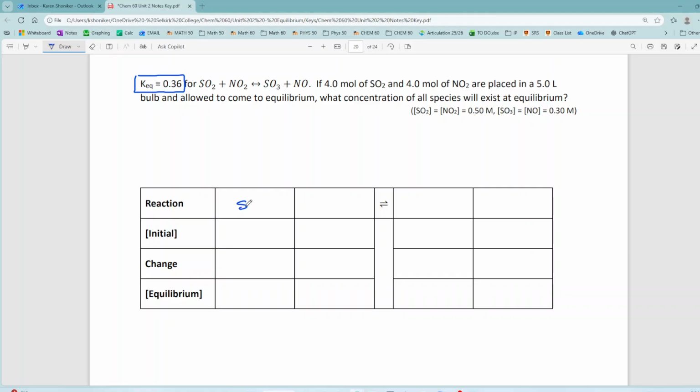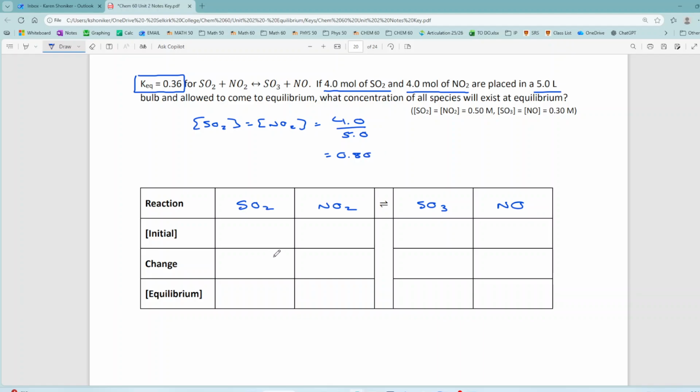So for this one, my reaction is sulfur dioxide and nitrogen dioxide forming sulfur trioxide and nitrogen monoxide. 4 moles of SO2 and 4 moles of nitrogen dioxide are placed in a 5-liter container. So my initial concentration of SO2 and NO2 is going to be 4.0 divided by 5.0, which is 0.80.